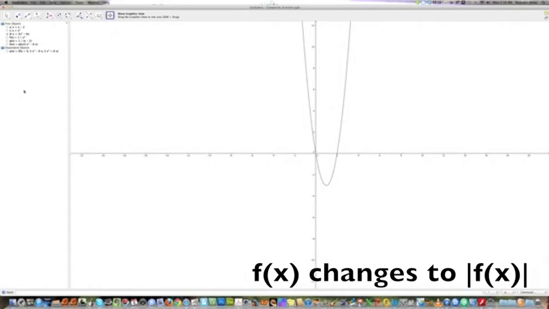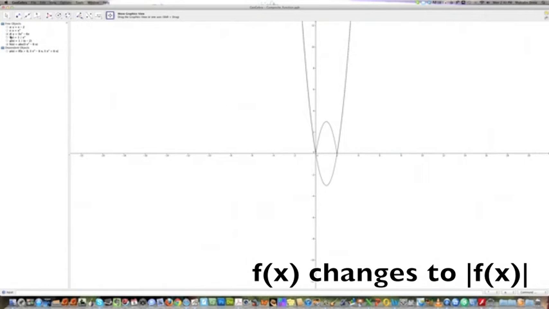Now, for the modulus function, if I start with a function like this one, which is y equals 3x squared minus 6x, and I take the absolute value of the whole function, then it will look like this. And you see now there's a bump in the middle.